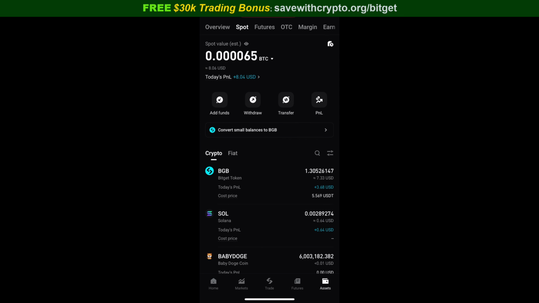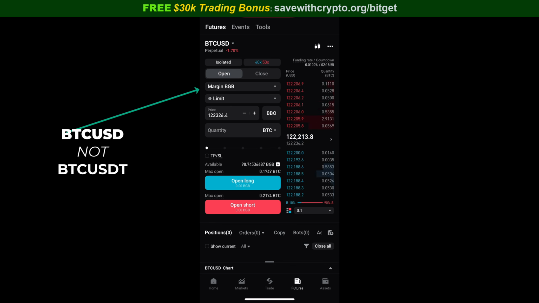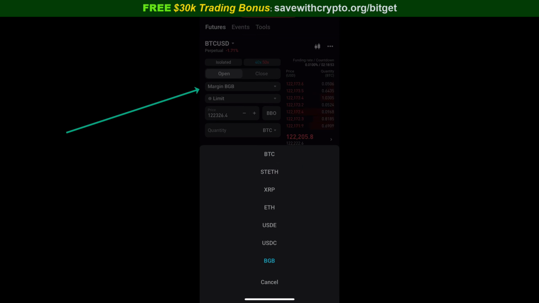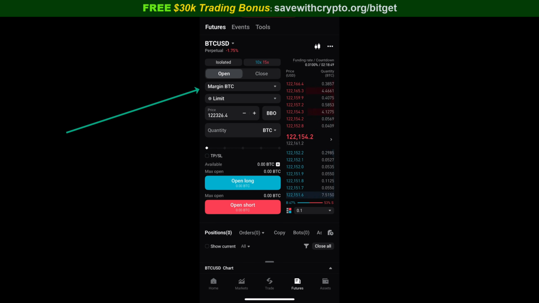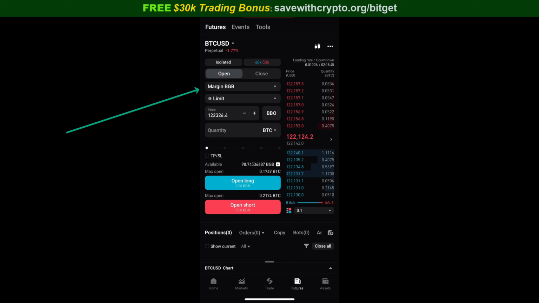So if we now go to futures, now we're going to trade Bitcoin against USD, but we're going to use BGB as the collateral. So here you can choose what you use, and you can choose Bitcoin if you want to, but we're not going to use that. We're going to use BGB.